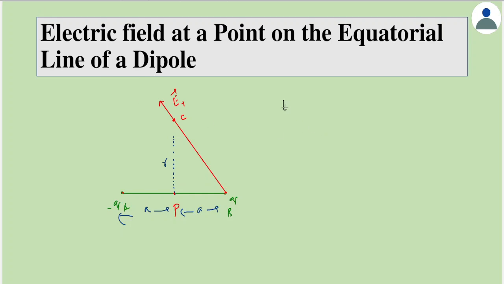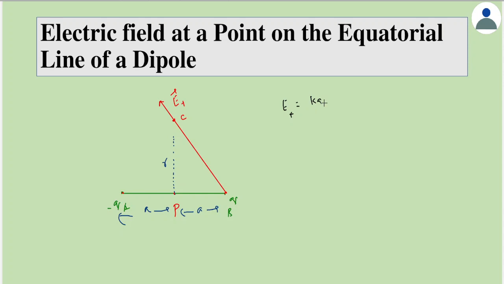E is given as kq by r squared, but here, writing E plus just indicates that this is the field which the plus q creates.